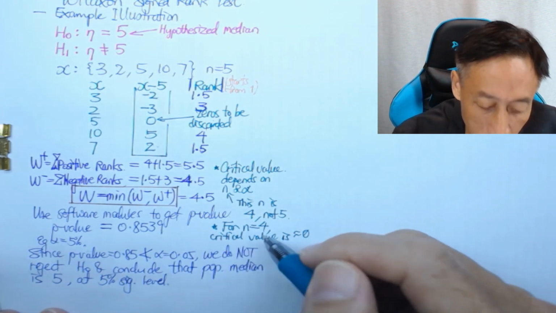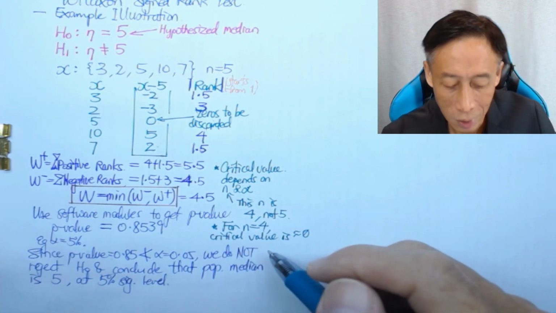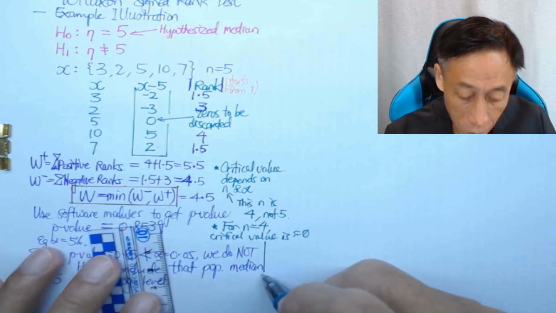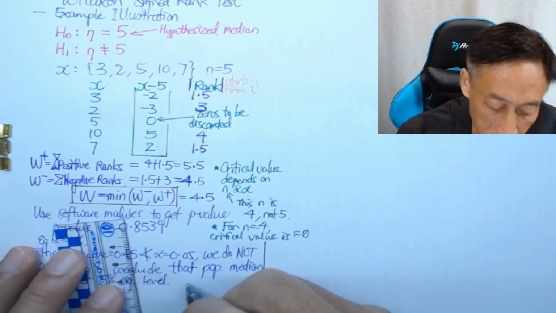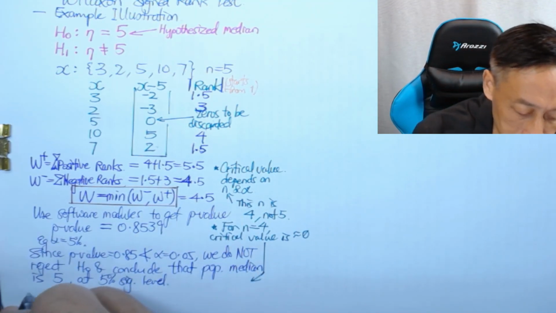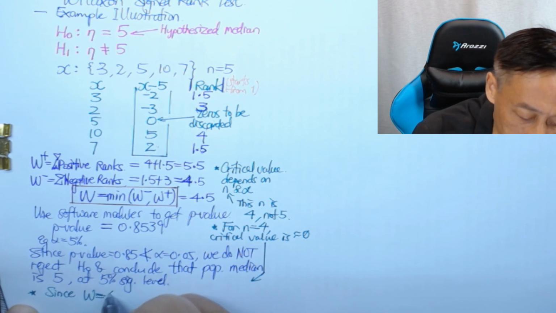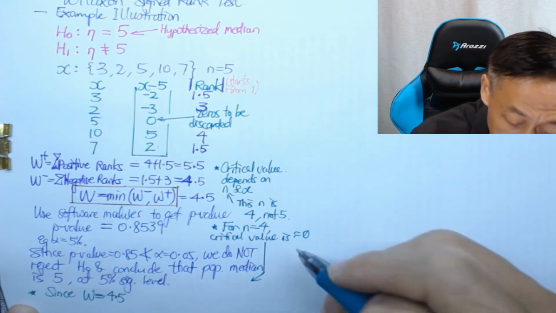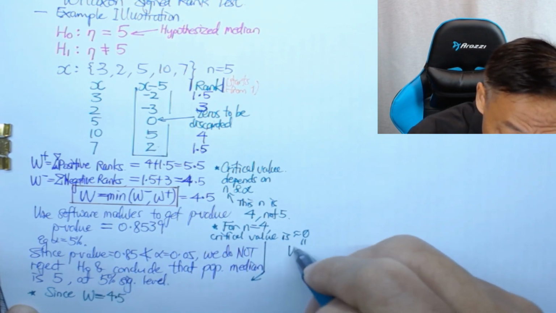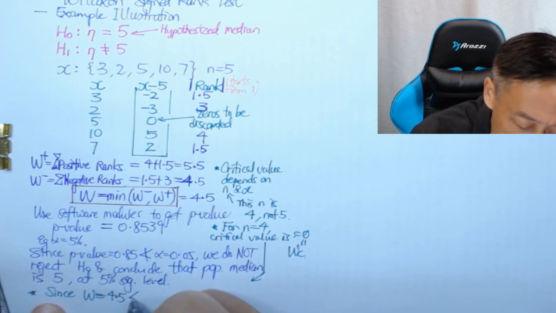So our conclusion, it's helpful to see the critical value version. Since W equals 4.5, let's call this equal to WC, is not less than.